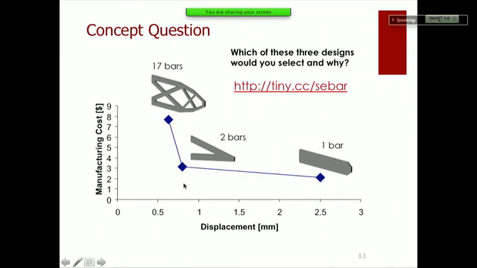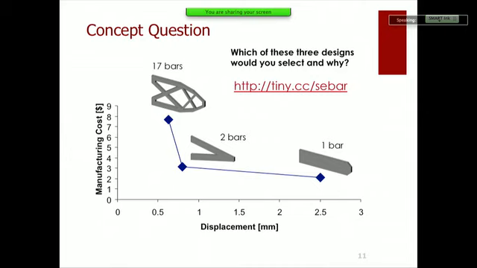The 2-bar design has much better performance, like 0.75 or something like that, costs about $3 to make. And then this 17-bar intricate design has 0.6 millimeters, so the best structural performance, but its cost is about $8 per piece. So my question to you is, which of these 3 designs would you select and why?